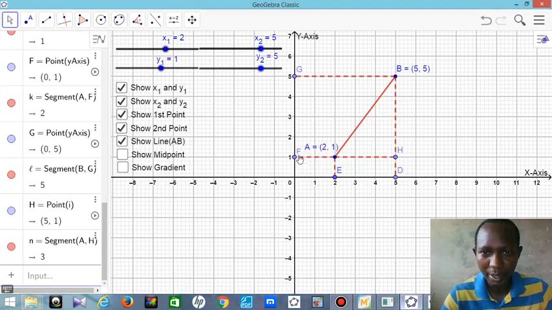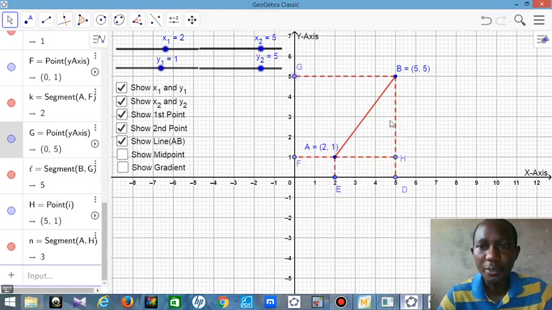This is point A, and I leave this as point H. Now if you study this diagram very well, you will see that A, B, and H have formed a triangle.